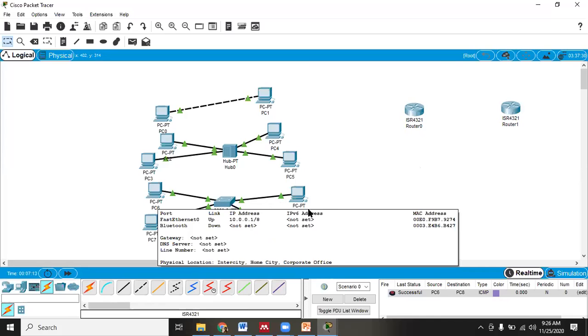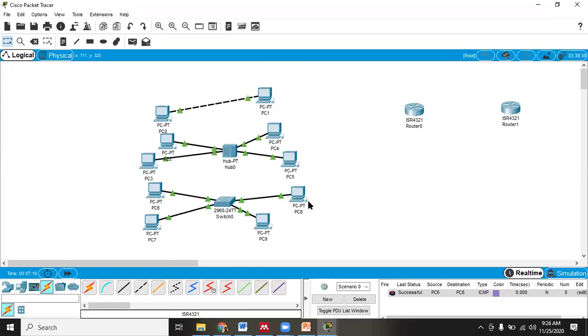PC6 to PC8. Before, we have assumed different networks, right? What we are learning in this particular part is whether different networks will be able to work with the help of a switch or not, right? We are learning the data link layer, and the data link layer is talking about your switch, and we are using a switch here.